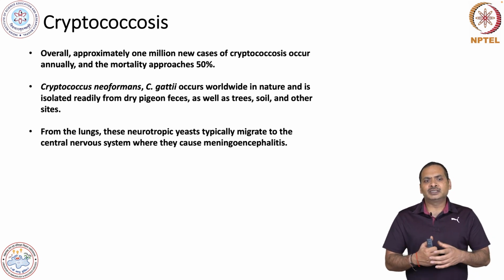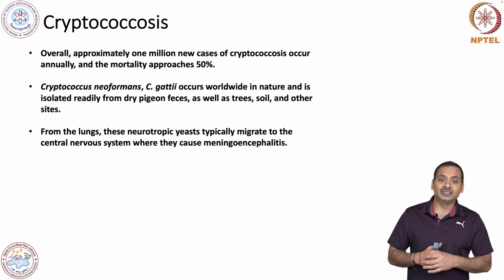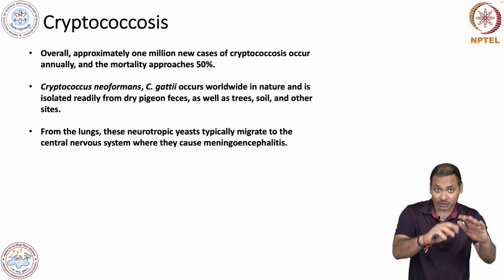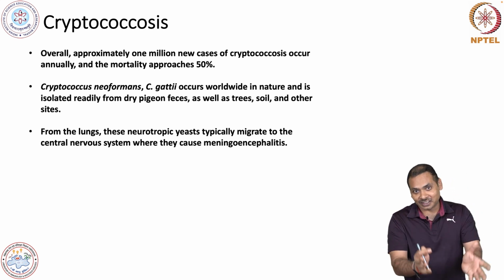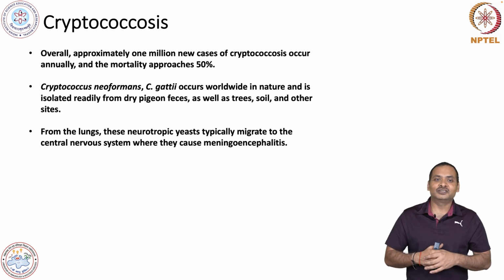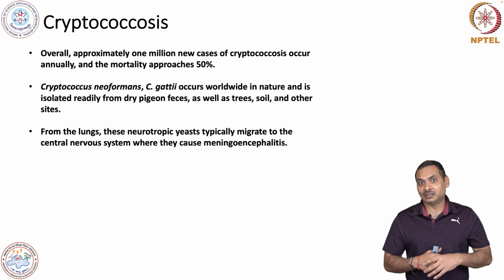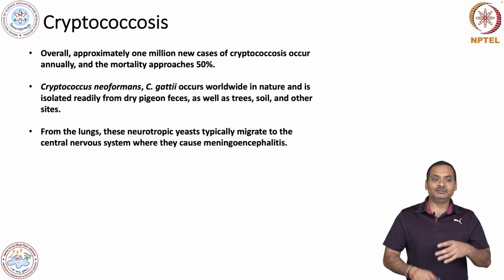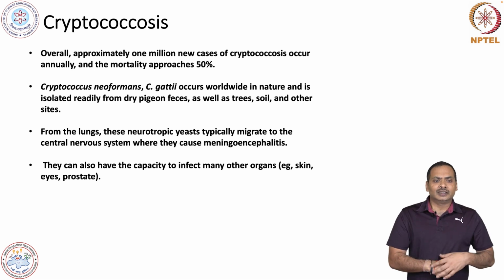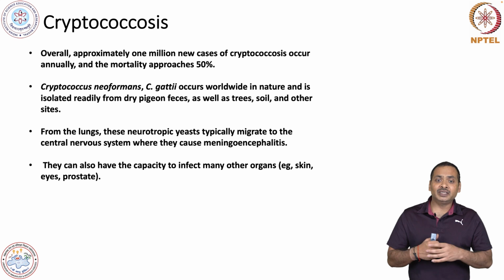From the lung, this neurotropic yeast typically migrates to the central nervous system. So they are not only affecting the lung, they are reaching the central nervous system, where they cause meningoencephalitis, basically inflammation of the meninges. They also have the capacity to infect many other organs.